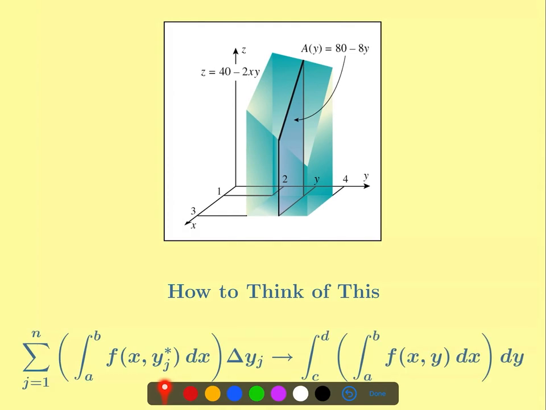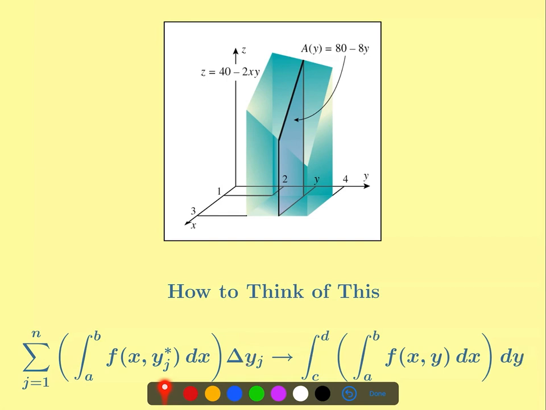Here then, the situation was that we went ahead and found the area of the face by integrating with respect to x. X changed from 1 to 3 here. And then we multiplied that by the thickness of the slice and summed up over all the different slices. And as n goes to infinity and delta y goes to 0, this sum becomes an integral.